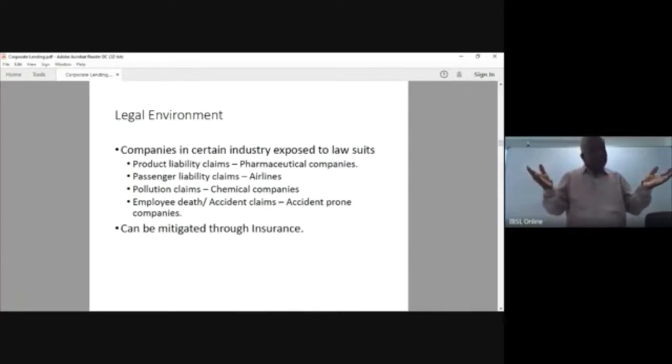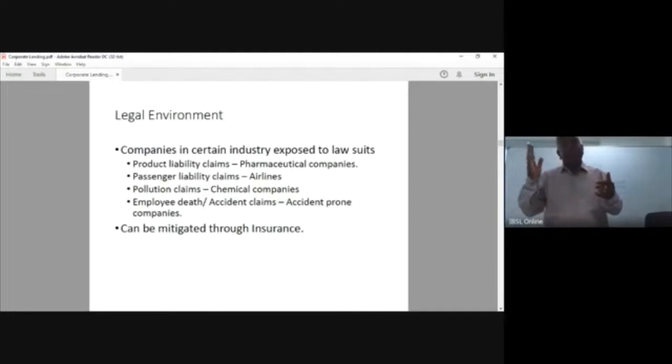Then passenger liability claims: passengers can file cases against airline companies. Then pollution claims against chemical companies, as I told you a little while ago, like the chemicals used for dyeing fabric.